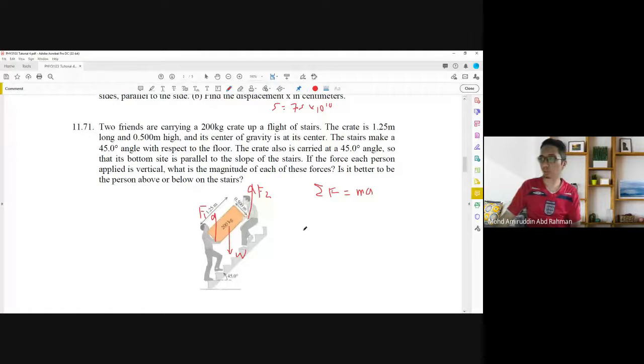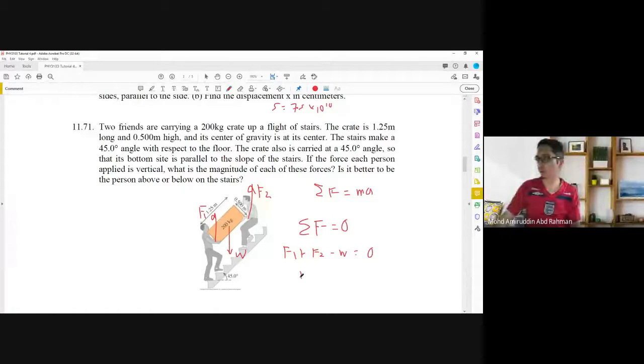Because it's not moving, your acceleration is 0, so your total force will be 0. Your total F will be F1 plus F2 minus W, which is 0.